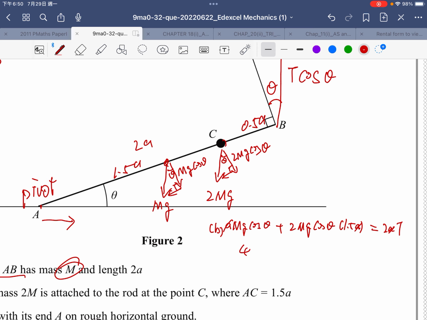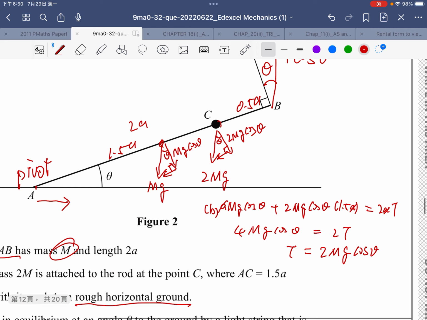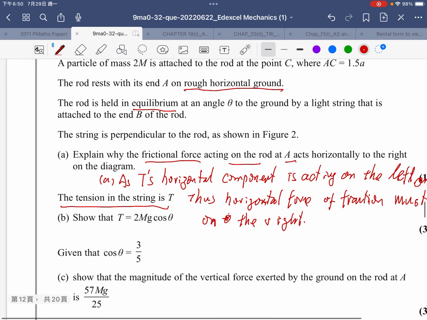This is 4mg cosine theta equal to 2T. That means T is equal to 2mg cosine theta. This is the answer of part B.